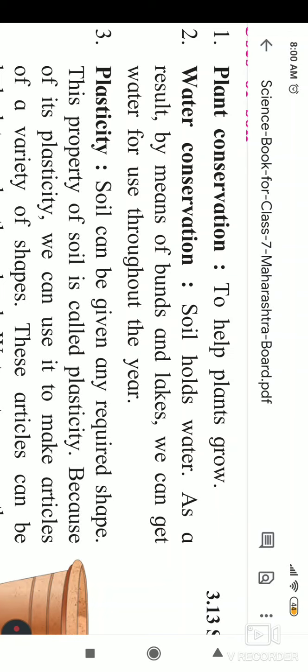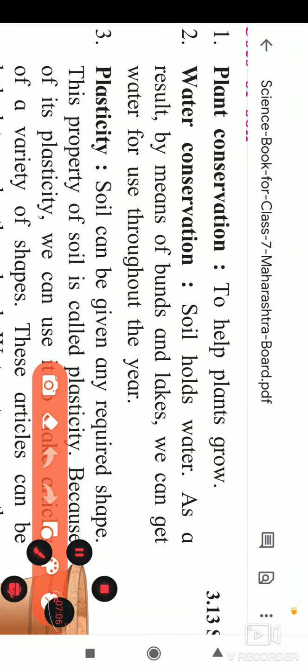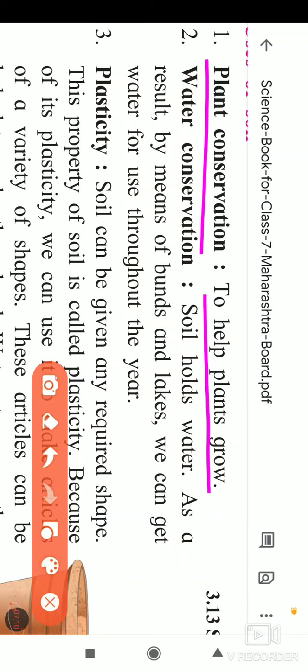So for that, water is important, and when plants grow, we will get a sufficient amount of food for us. Then we will see its uses, which are given in our textbook. First, it is plant conservation, to help plants grow.